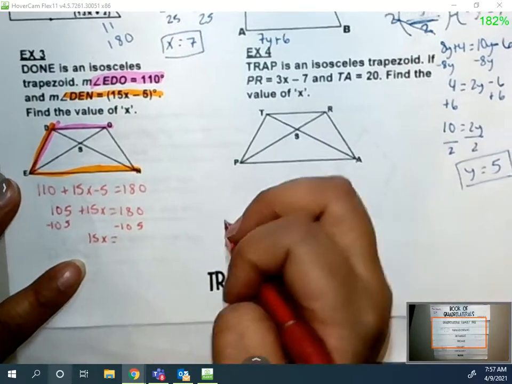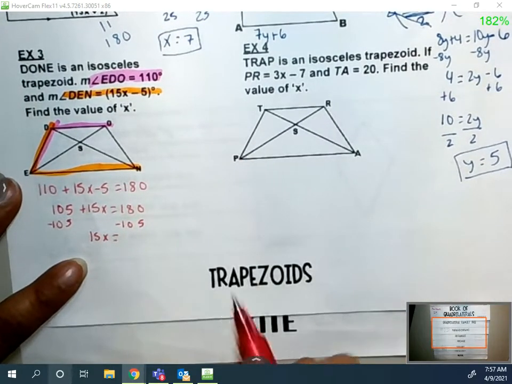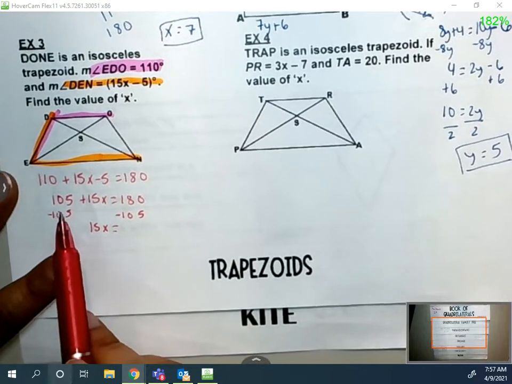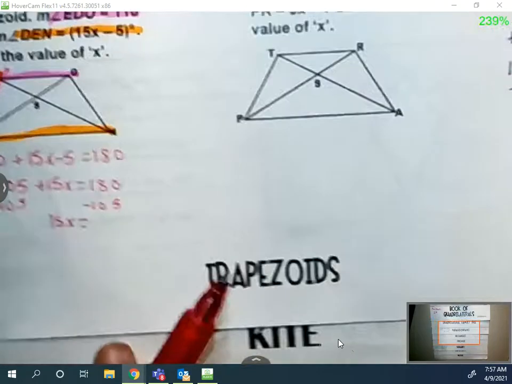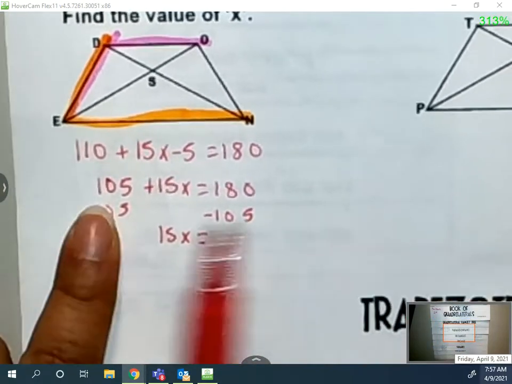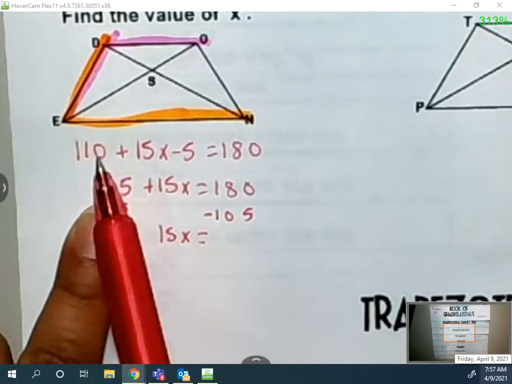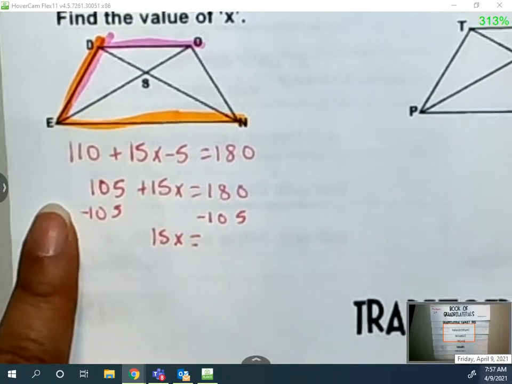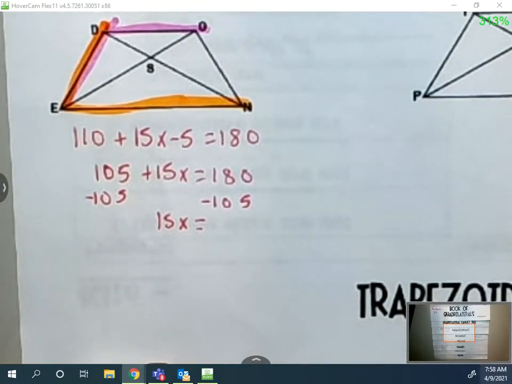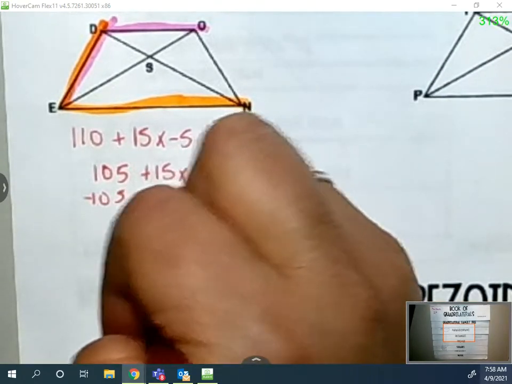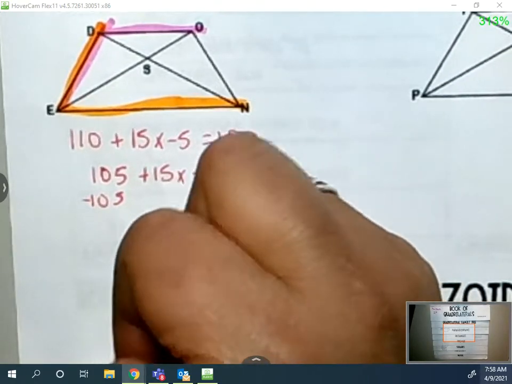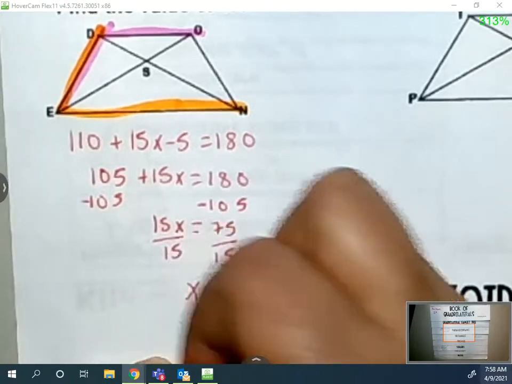What is 180 minus 105? Because negative 5. So what you add 5? Okay, listen, Caitlin. We're combining our like terms. Oh, okay, I got it now. Okay, got it. Okay. What's 180 minus 105? 75. Divide by 15. X is 5.